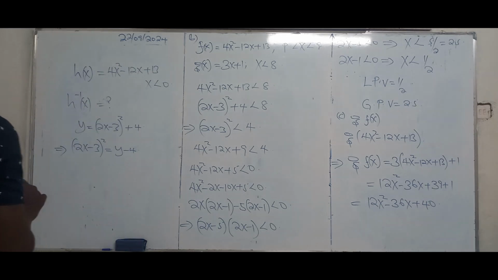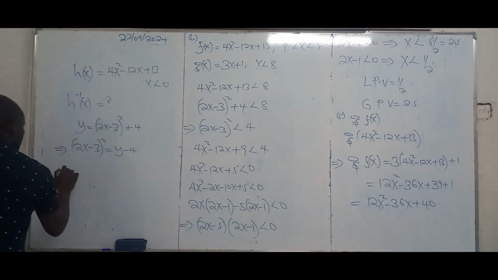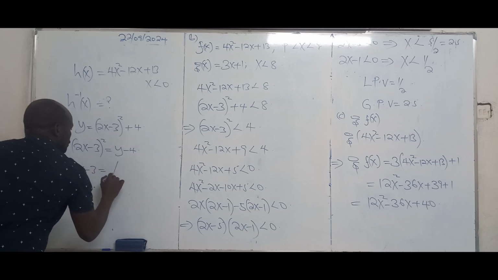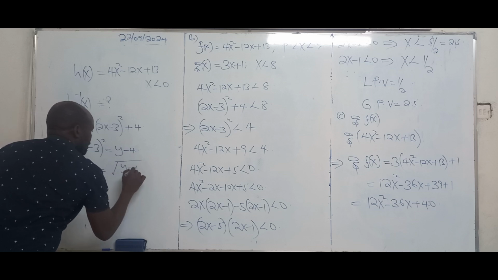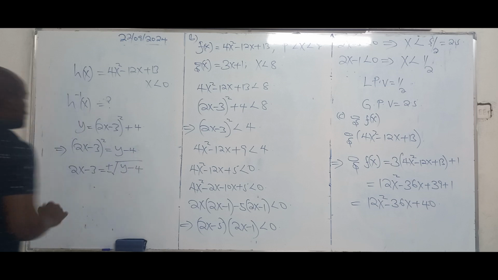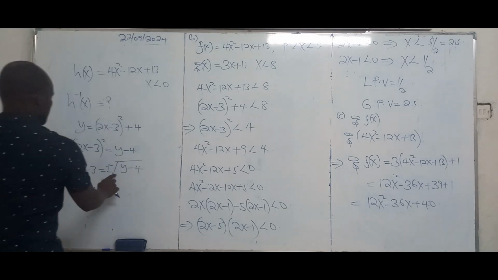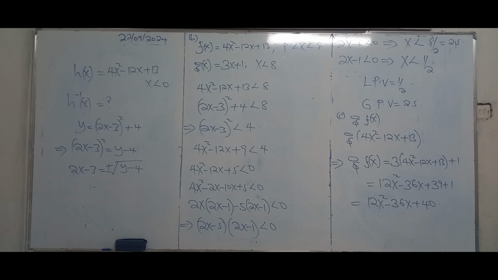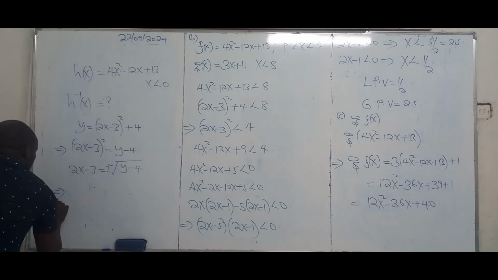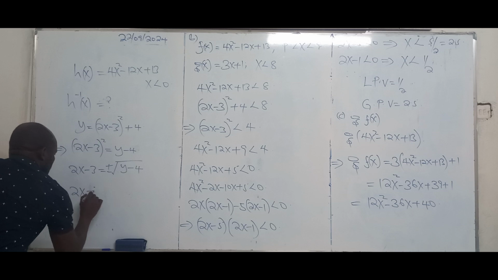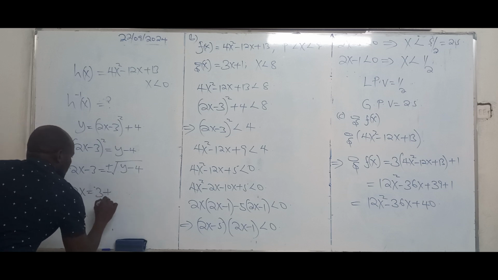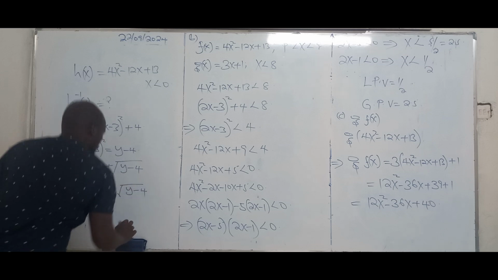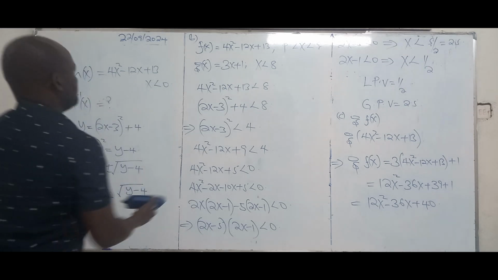So get the square root of both sides. It will be 2x minus 3 is equal to root of y minus 4, positive or negative. So that's that. And then this should mean that 2x is equal to 3 plus or minus root of y minus 4.